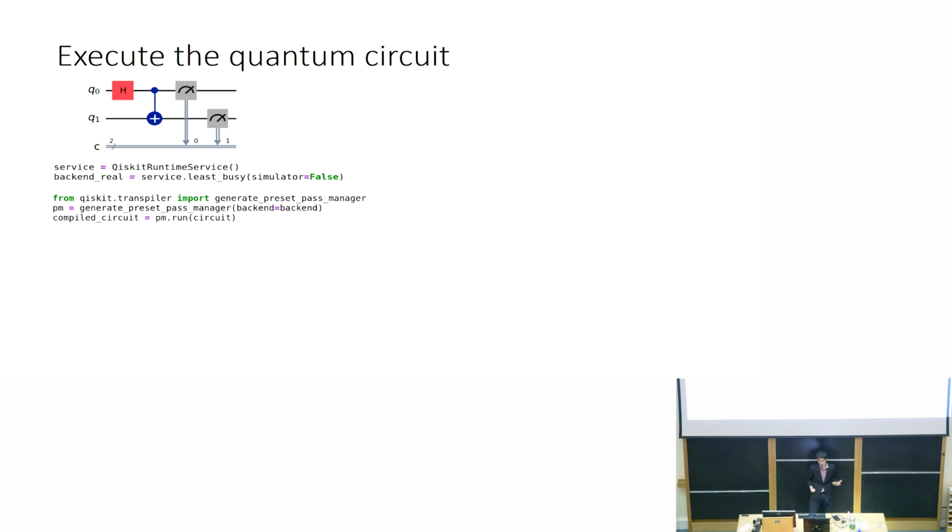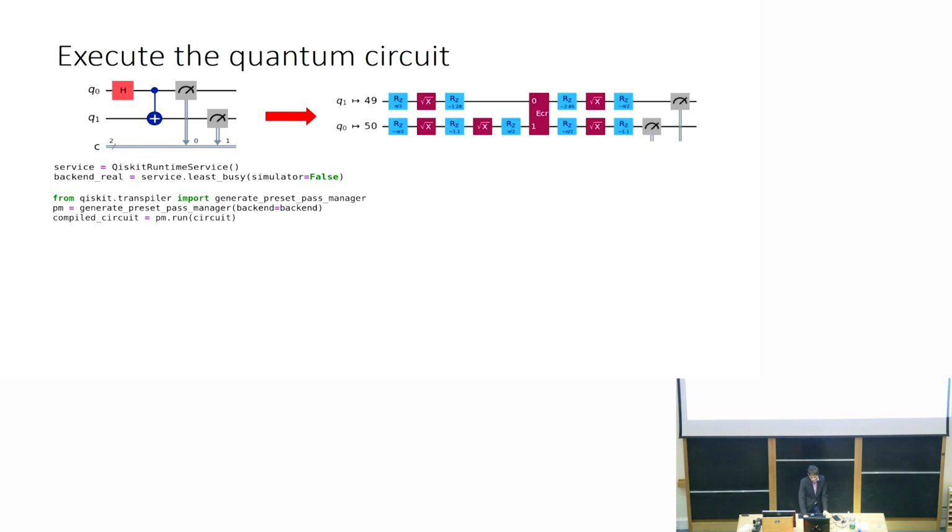You have to transpile or compile your circuit. For this, you call a transpiler. Basically, this transpiler has information of the quantum computer you want to run your code on, and it translates your circuit to the native gates of your quantum computer.